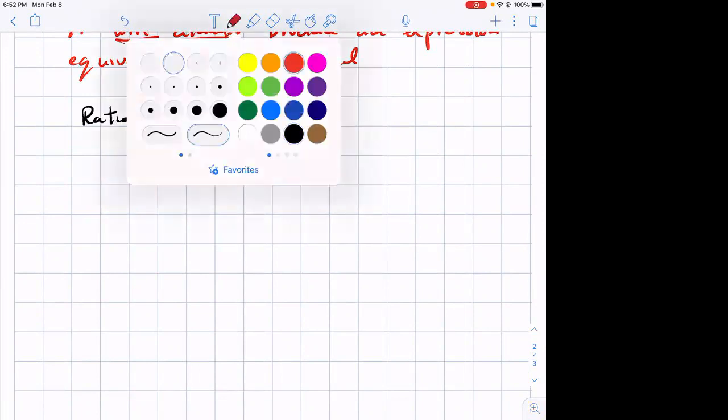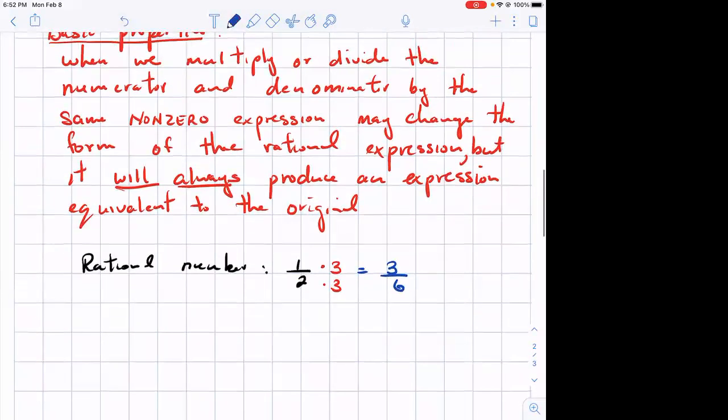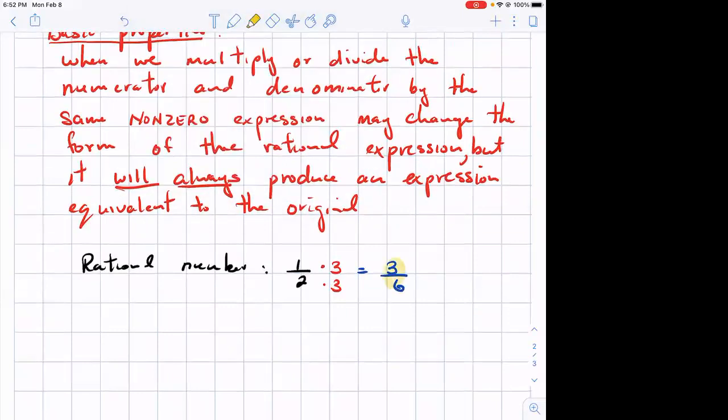If we multiply the top by 3 and the bottom by 3, this is equivalent to 3/6. Although they may look different, these two things are exactly the same.